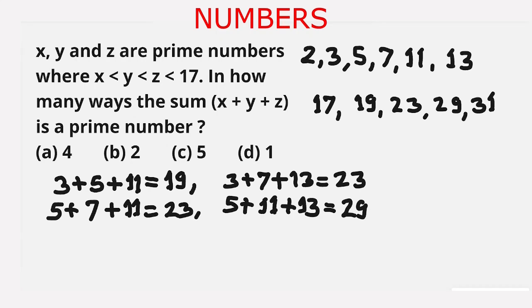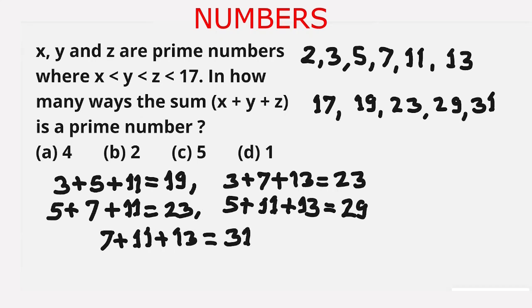Now we start with 7. 7 plus 11 plus 13. 7 plus 11 is 18 plus 13 is 31, and 31 is prime. So the next set will be 7 plus 11 plus 13 equal to 31.